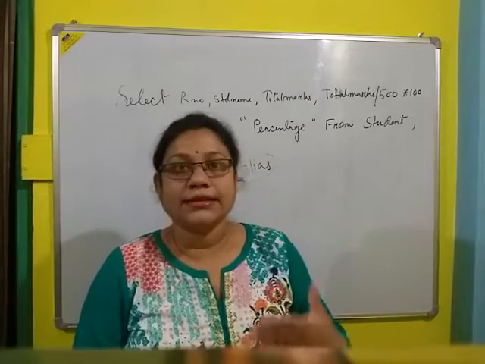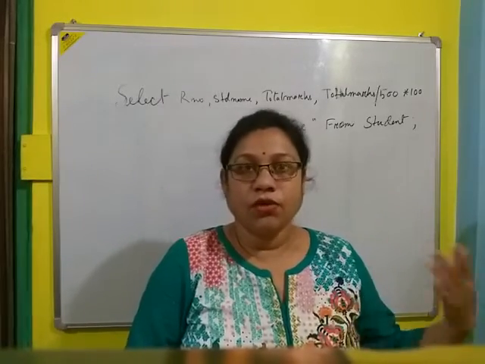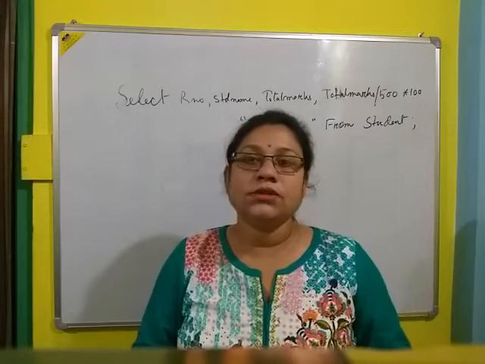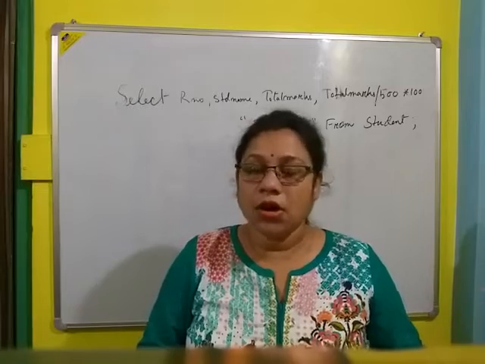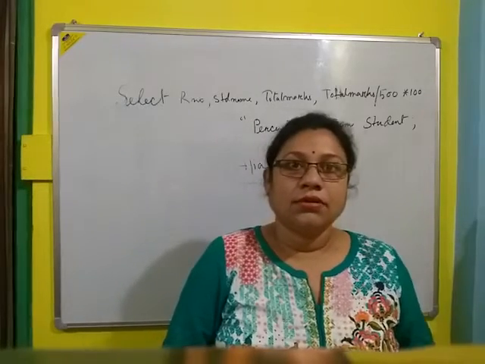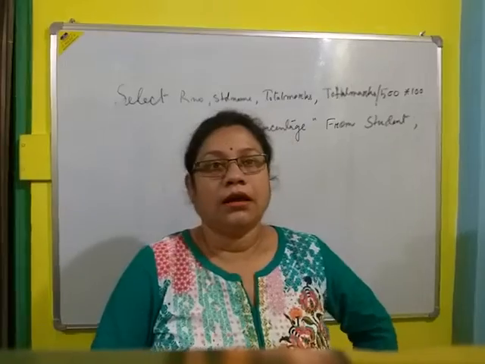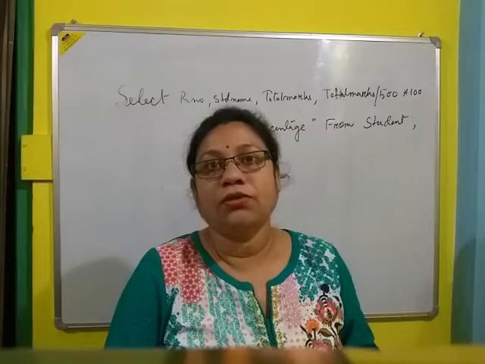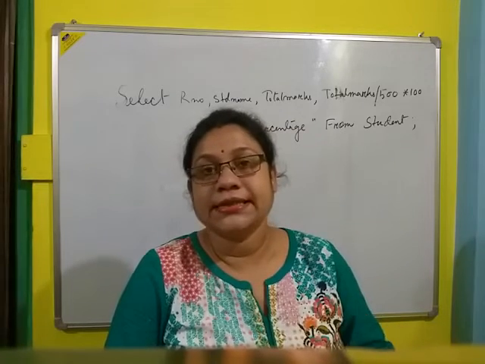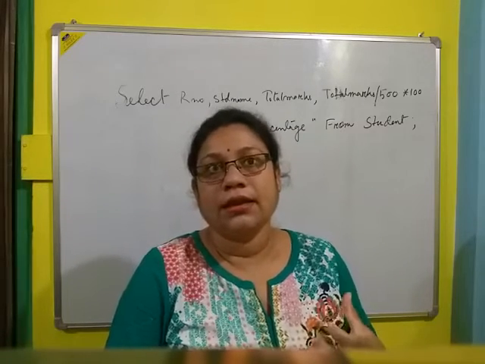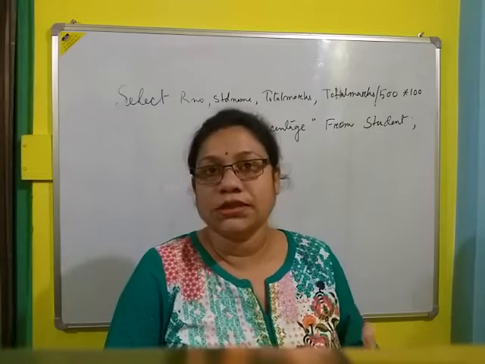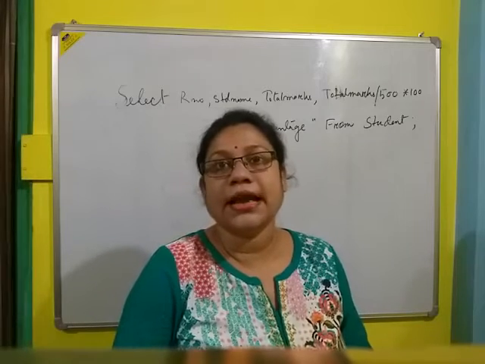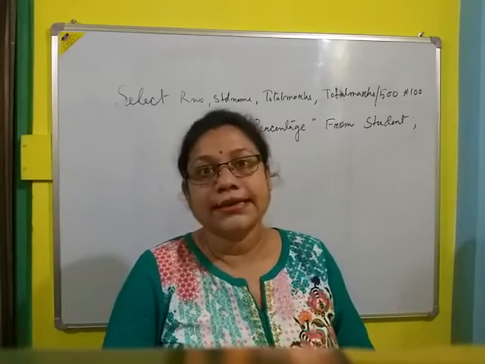So if you do not give any field name for displaying the percentage value, the computer will use the expression as the column name. Okay. But sometimes it becomes hard to understand what the value is. For that, you can give a temporary column name which is known as alias, and this will help you to easily recognize the field values of a table.